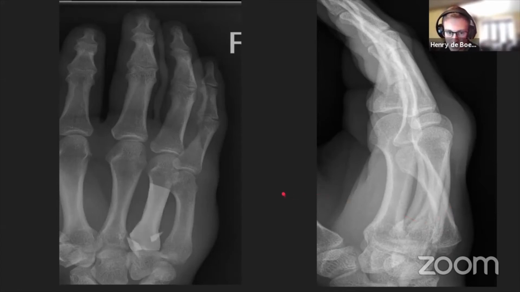So here it is, fragment fracture here. And this doesn't look right. And as we said, the alignment of the capitate and the hamate doesn't look normal. And these metacarpals should all be in alignment.